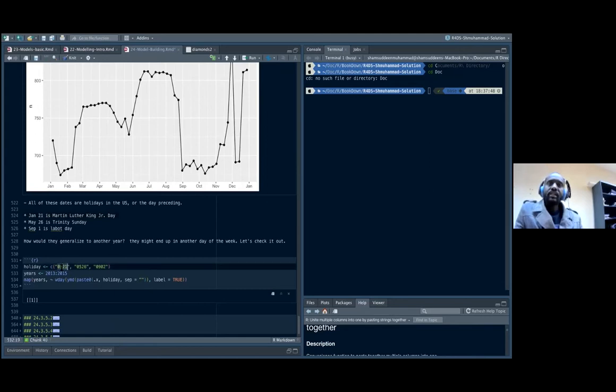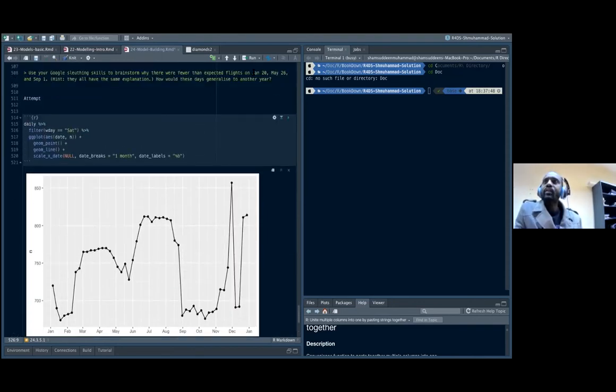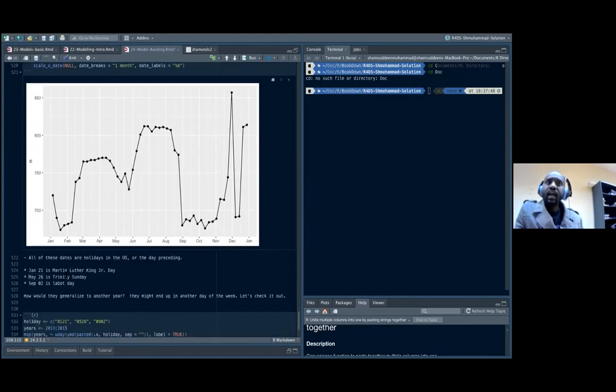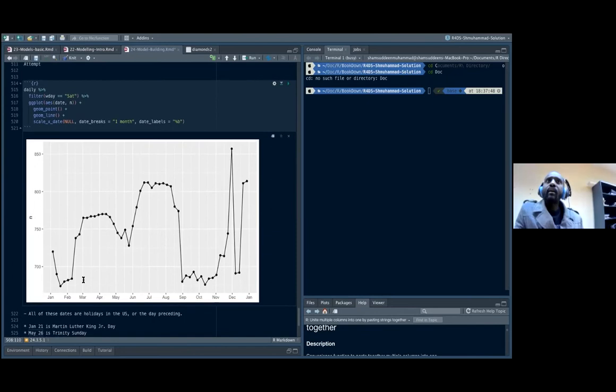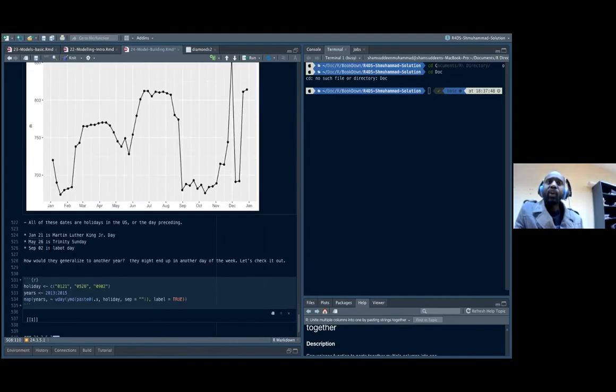Picking up these days, 21st, this one, 26, and this is 02, right? So when you look at it here, the days they give us, January 20, it means the next day is a holiday in US. May 26th, that is Trinity Sunday, and September 1, the next, that is September 2nd, is a holiday.